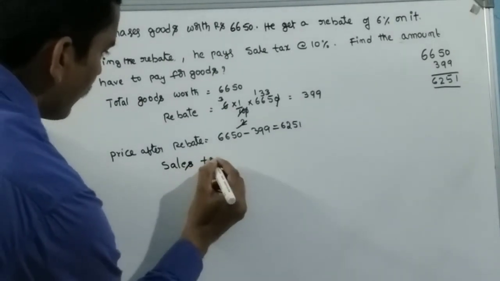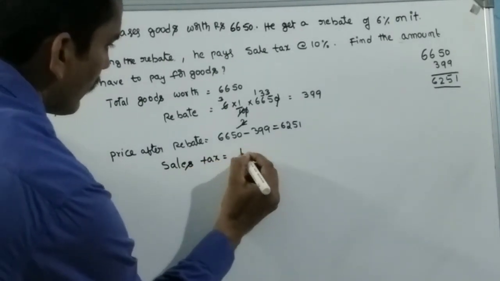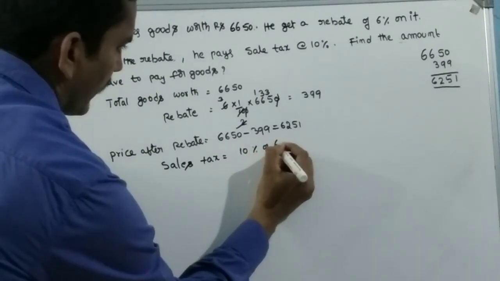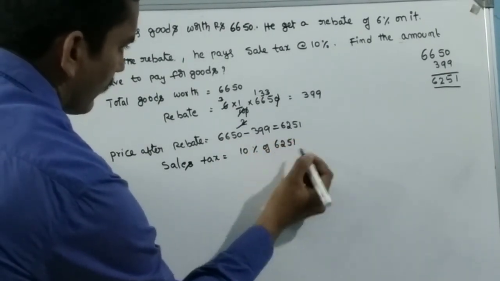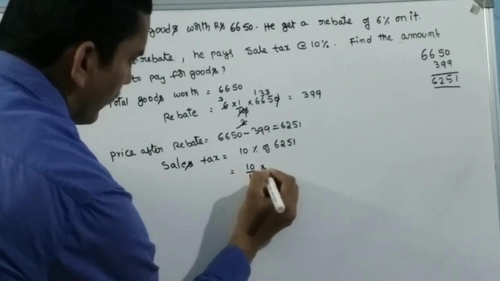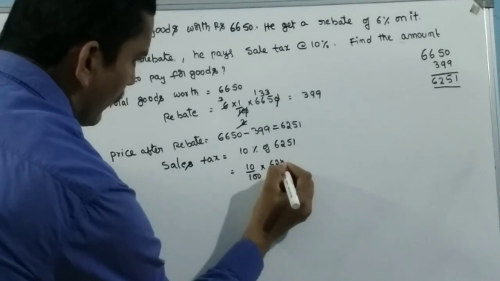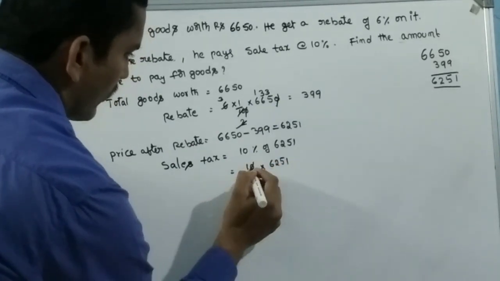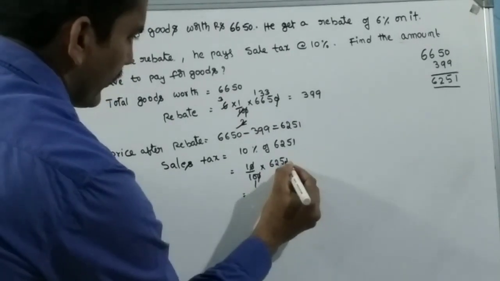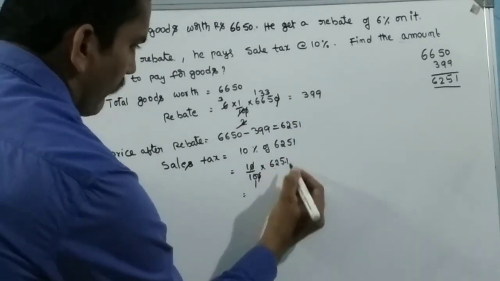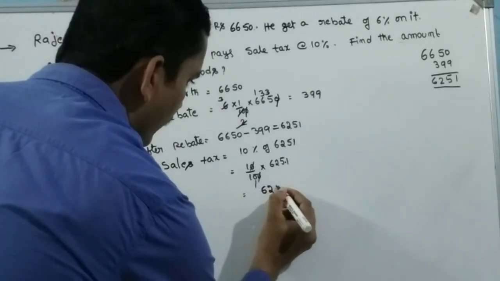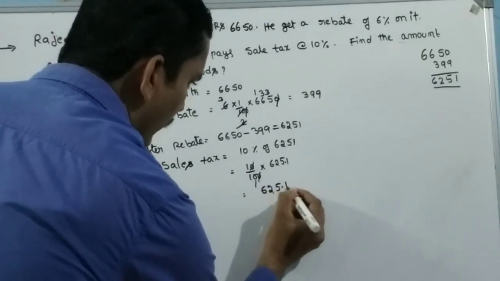Sales tax equals 10% of 6,251. That means 10 by 100 into 6,251. Here 10 is there; you put a point after 1 digit from the left side. Then the sales tax amount is 625.10.